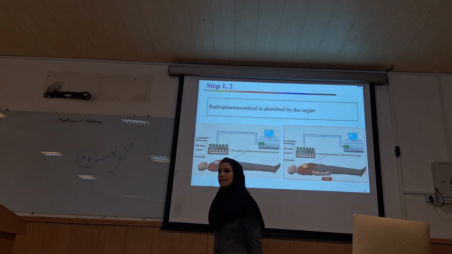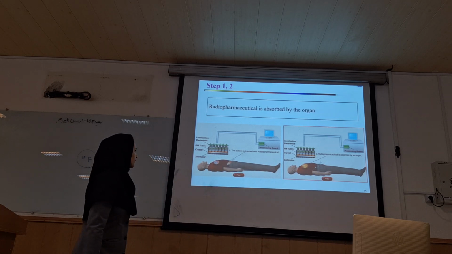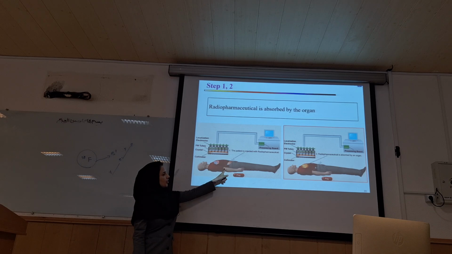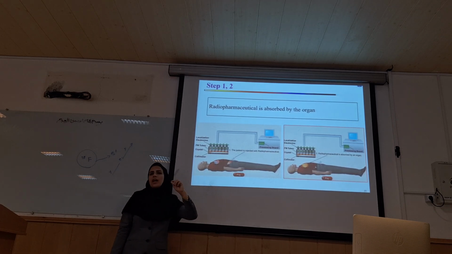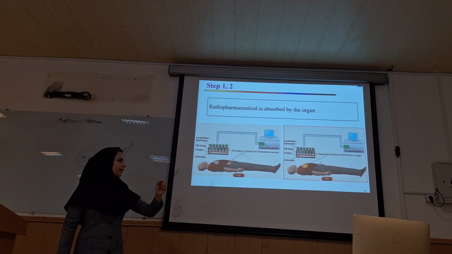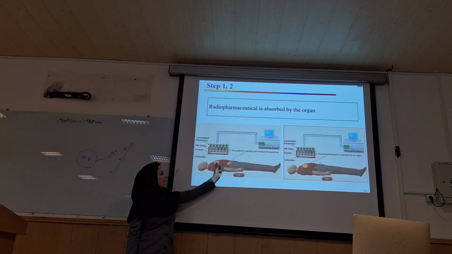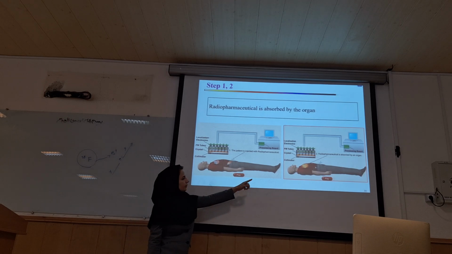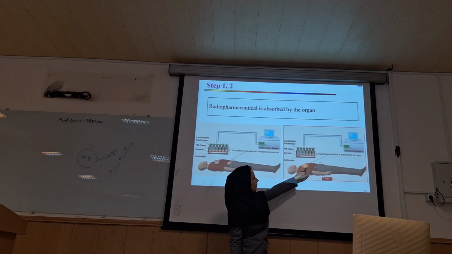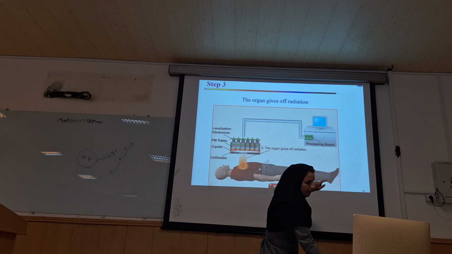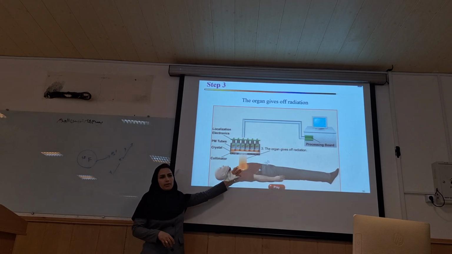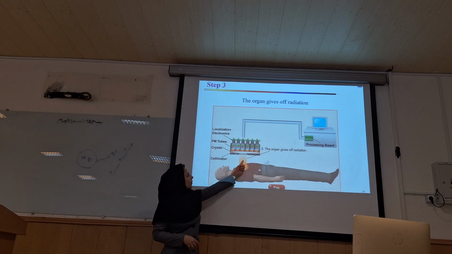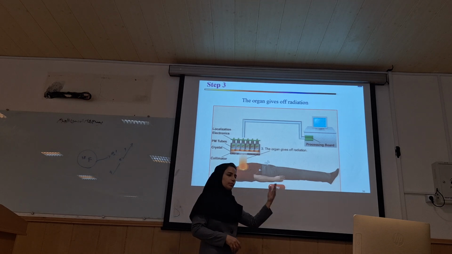Again, you can see all of the process in the patient. At first, I inject the radiopharmaceutical into the patient. For example, I label it with the needle, and this material is absorbed in the heart. For the next step, my heart emits the gamma, and this gamma ray is received by the collimator, crystal, and PM tube.